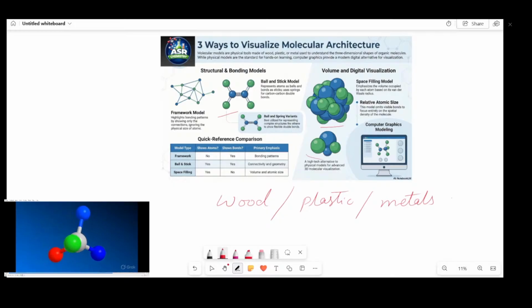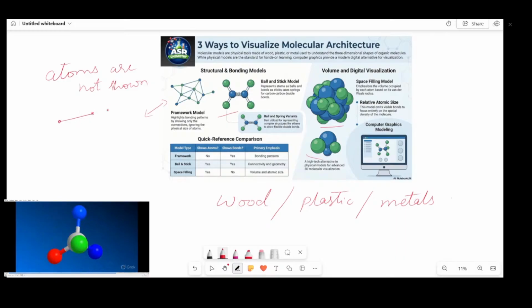This is the space filling model. In case of frameworks, atoms are not shown. Bonds connecting the atoms of the molecules are shown. So you can only see the bonds that are connecting the atoms.